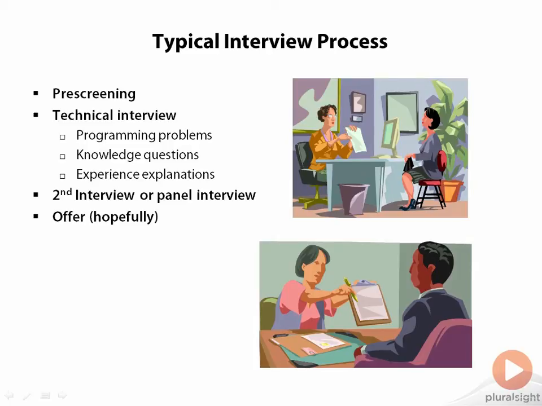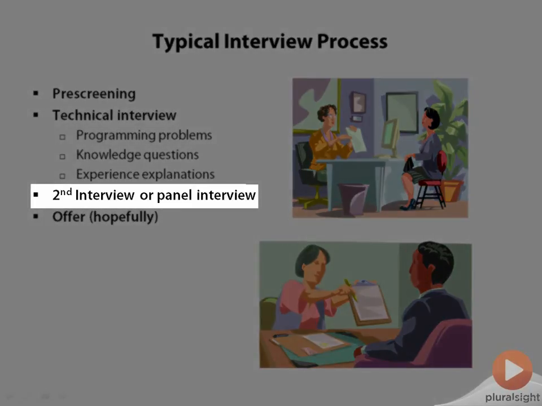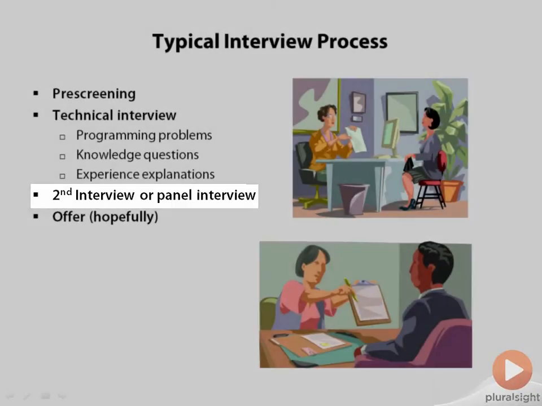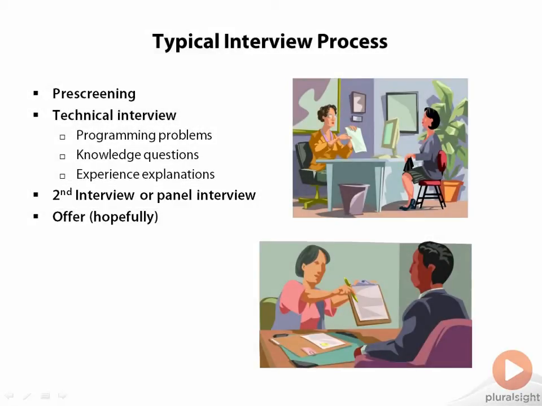Many times, especially in big companies like Microsoft or Google, you're going to have a second interview or a panel interview. Oftentimes, the second interview might be another technical interview, or it might be a more soft-skill-related interview by a manager, project manager. And we'll talk about those types of interviews a little bit more when we talk about soft skills.